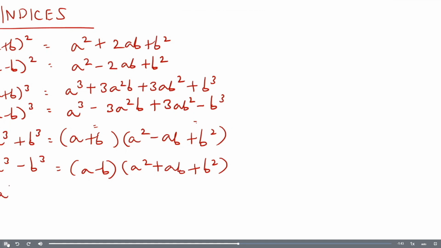Then a square minus b square is equal to (a plus b) into (a minus b). Make a note of all this.